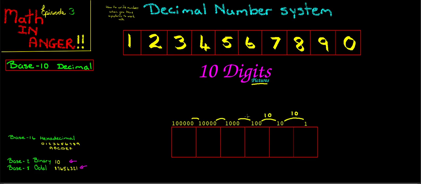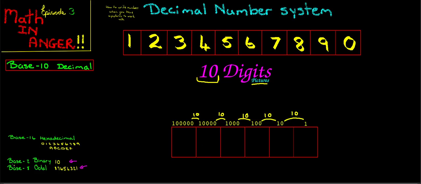And why do you think that is? Again, most of you are going to say, yeah, we know this. The thing is, this is for those of us who did not get this. The reason why each column gets 10 times bigger than the previous one is because we are using 10 pictures.